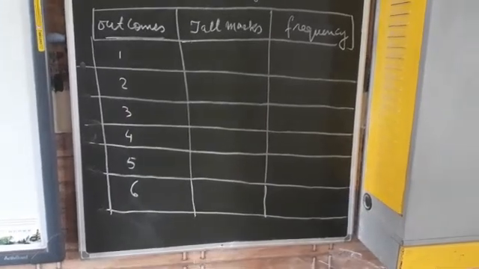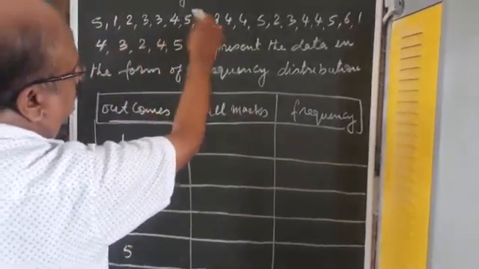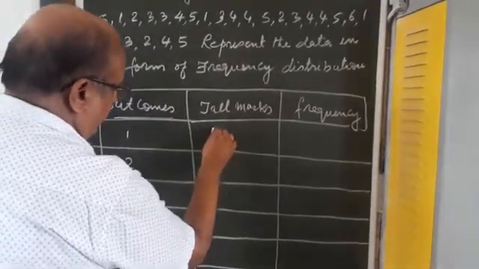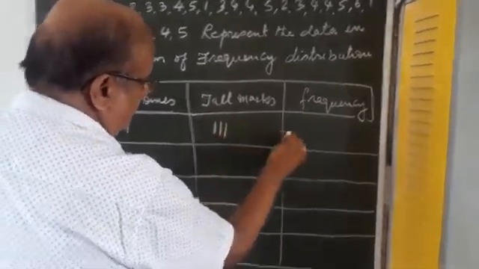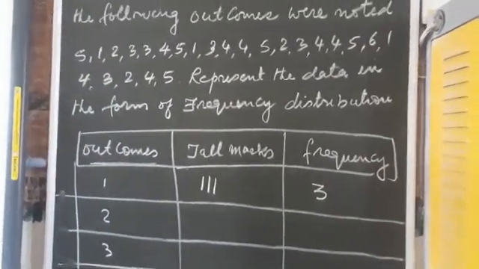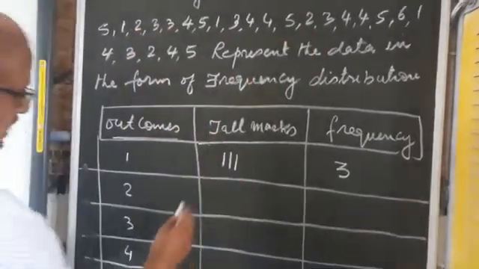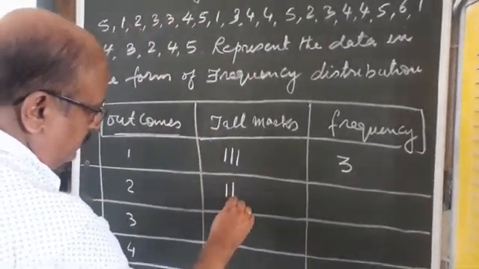Now we see 1. How many times is 1 occurring? You can see 1, 2, 3, so 1 is occurring 3 times. We write here 3. Now we see 2. 2 is also occurring 3 times, so here is 1, 2, 3.